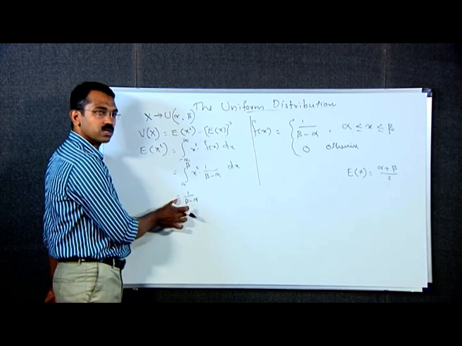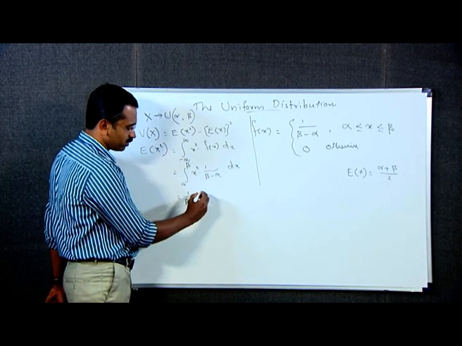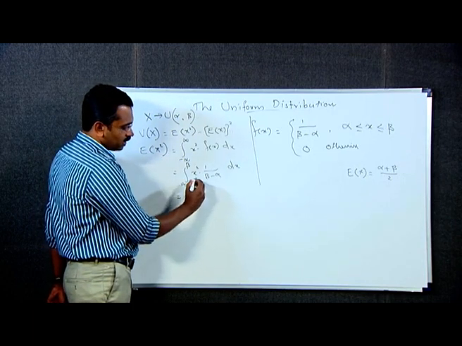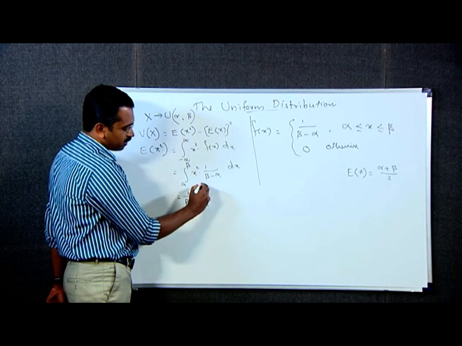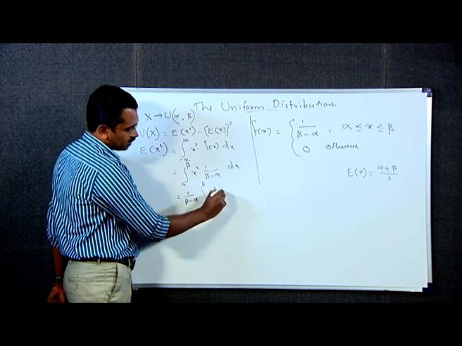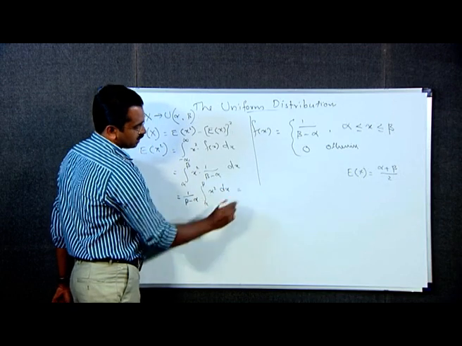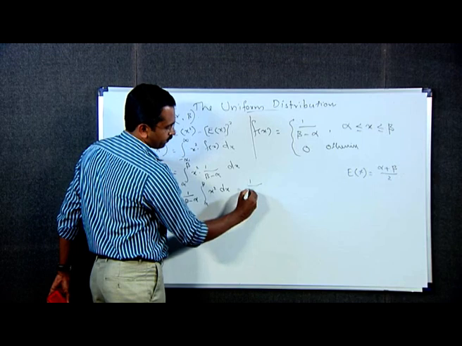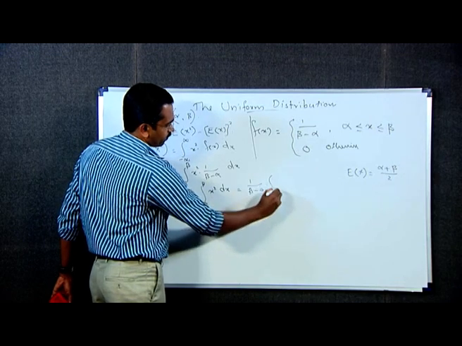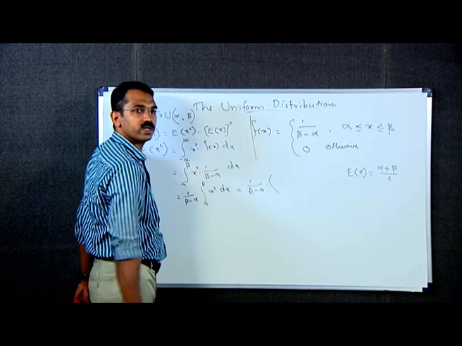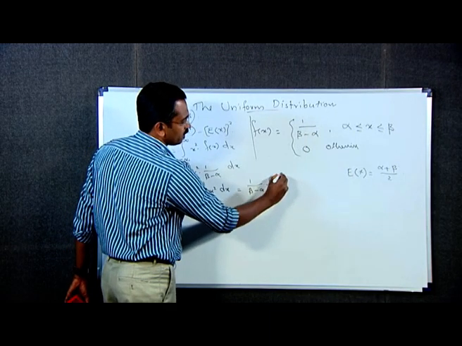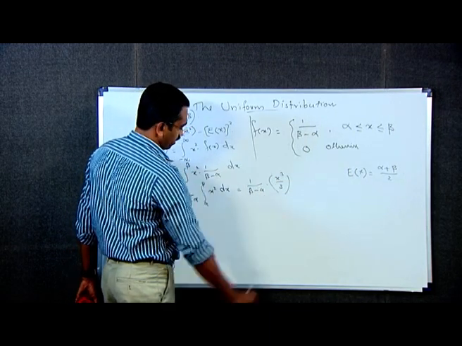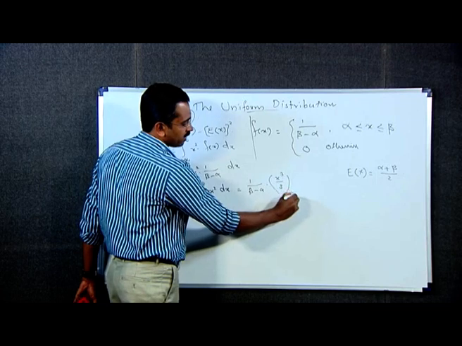Therefore, E of x square is equal to 1 by beta minus alpha into integral alpha to beta x square dx. That is equal to 1 by beta minus alpha into, integral x square dx is x cube divided by 3 between the limits alpha and beta.